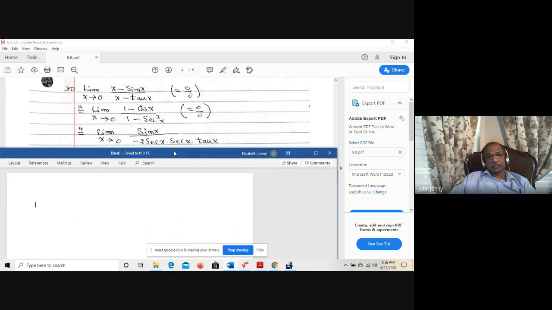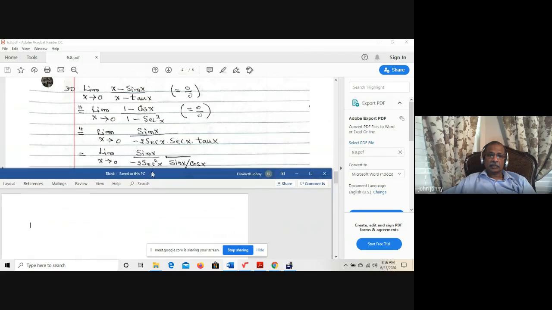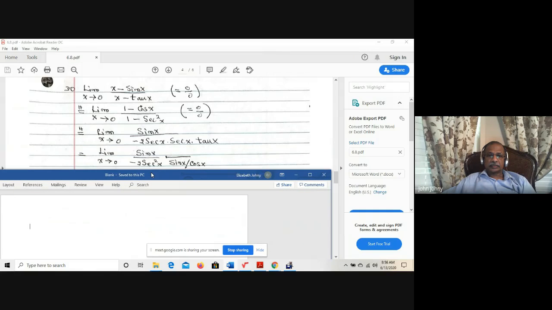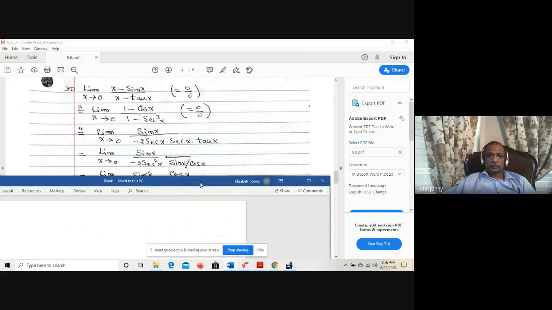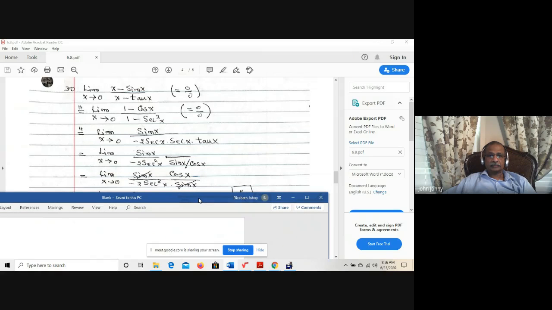Then the derivative of secant x is secant x times tan x, that is sin x divided by negative 2 secant squared x. I replace tan x by sin x over cos x. So cos x goes to the numerator. And so this is sin x over negative 2 secant squared x times cos x over sin x.